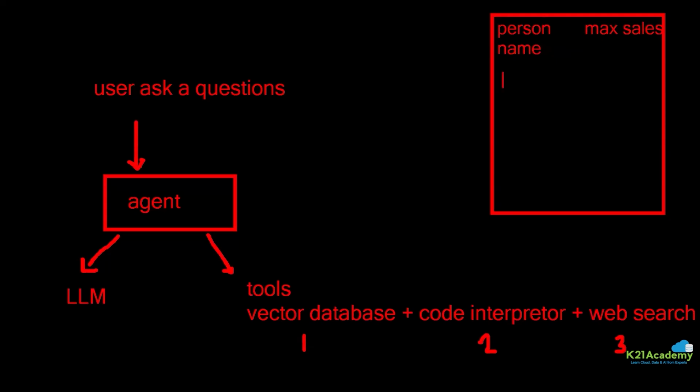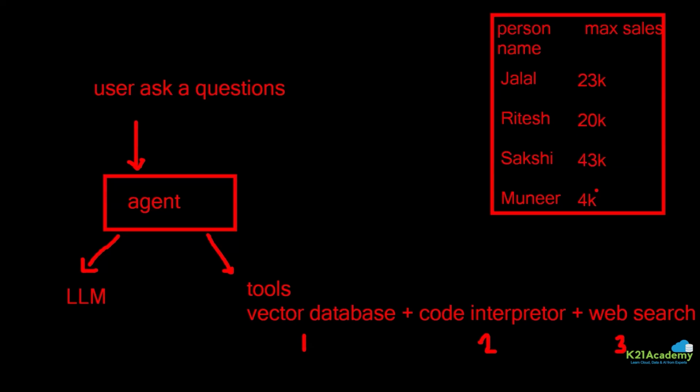Suppose the first person name is Jalal, then we have Ritesh, then maybe Sakshi, and then there is one more person, suppose Munir. I'm just giving some names. Now suppose Jalal has made a sales of 23K. This person has made a sales of 20K. Sakshi has made a sales of 43K, and Munir has made a sales of suppose 4K only.